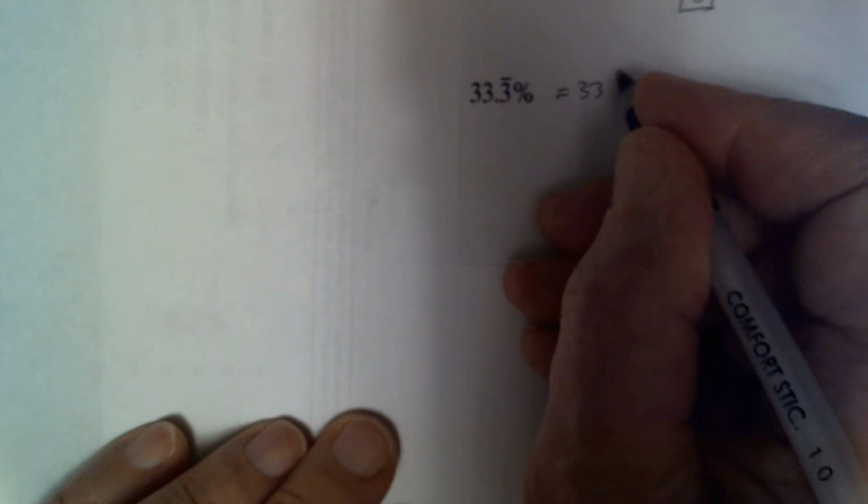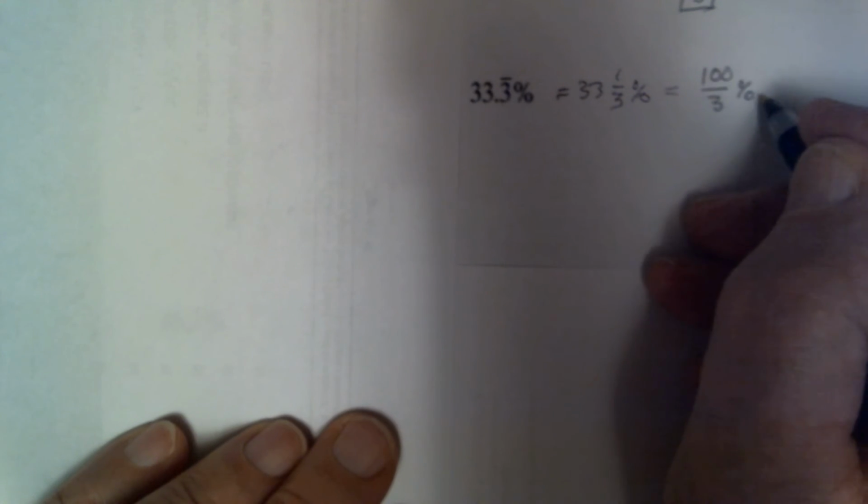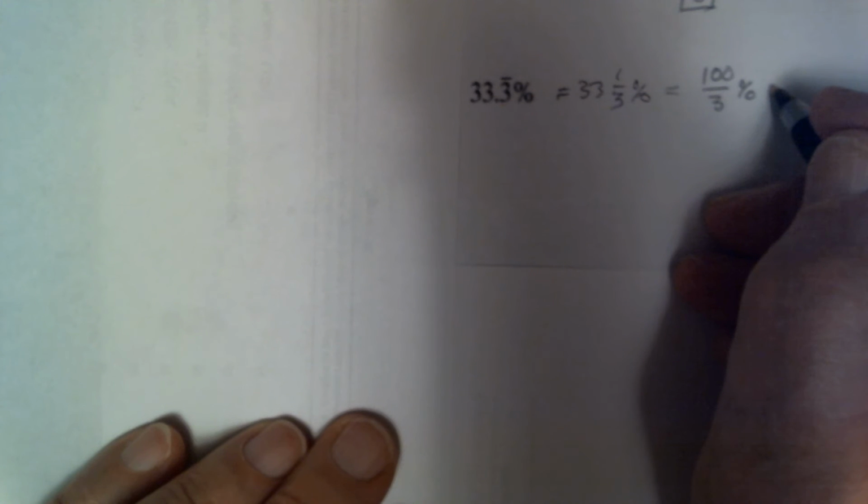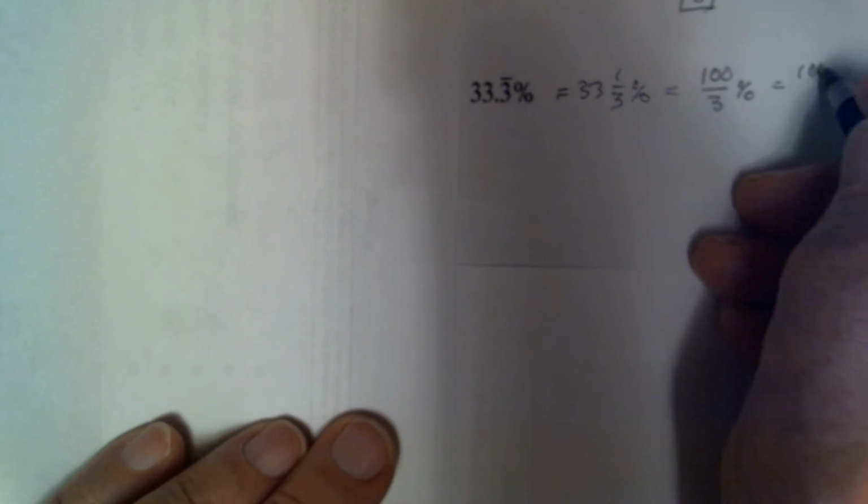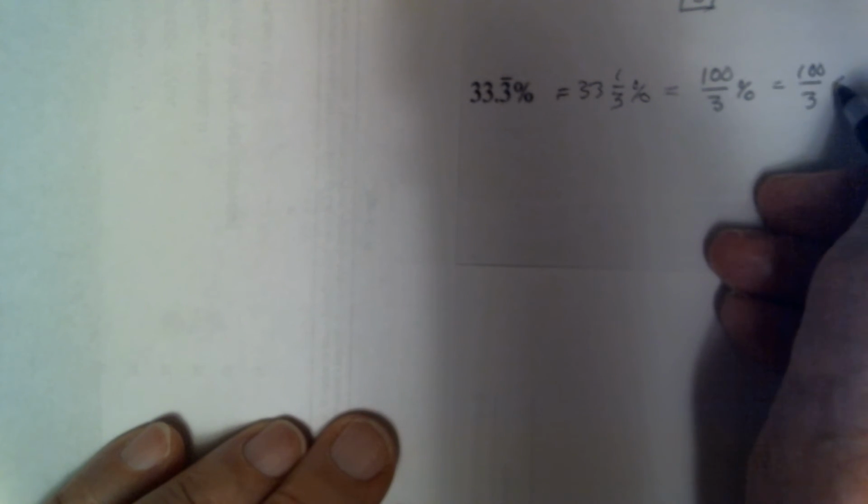This expression we can write as 33 1/3%, which is equal to 3 times 33 is 99 plus 1 is 100 divided by 3%. And percent means 1 divided by 100. So this is then equal to 100 divided by 3 times 1 divided by 100.